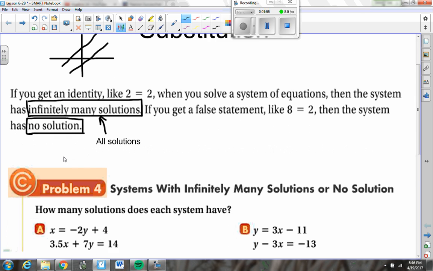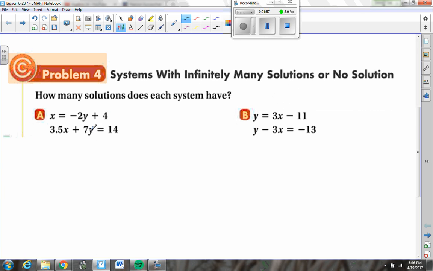If we look at each of these systems, I'm going to solve them again with substitution, as I did in the last video. First of all, I notice that my x variable is all by itself. I know what x is equal to: it equals negative 2y plus 4.